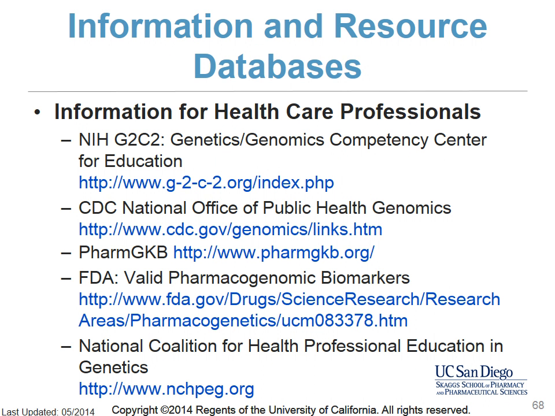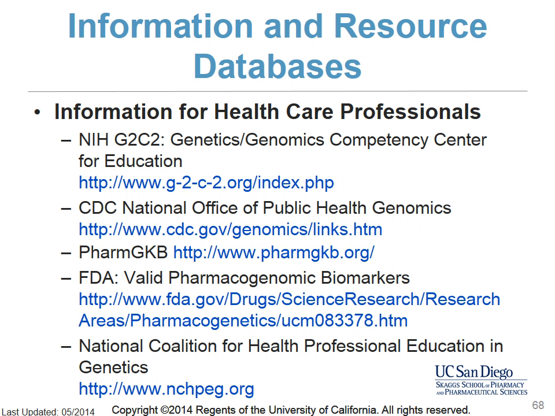There are several websites providing further information for healthcare professionals. The National Institutes of Health G2C2 program, or the Genetics Genomics Competency Center for Education, provides high-quality educational resources for group instruction or self-directed learning in genetics genomics by healthcare educators and practitioners. The CDC's National Office of Public Health Genomics includes material on ethical, legal, social, and practical issues.